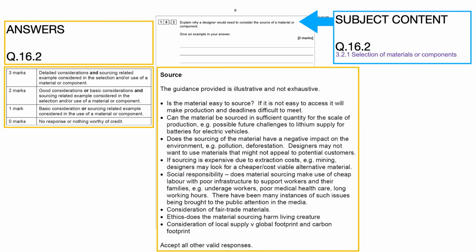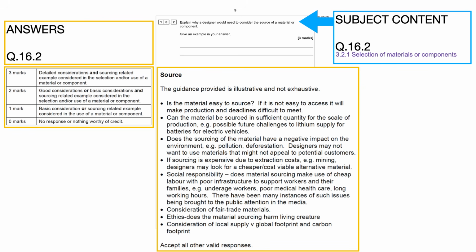Now we have a social responsibility as designers. Does material sourcing make use of cheap labor with poor infrastructure to support workers and their families? For example, do they have underage workers, poor medical health care, long working hours? There have been many instances of such issues being brought to the public attention in the media.